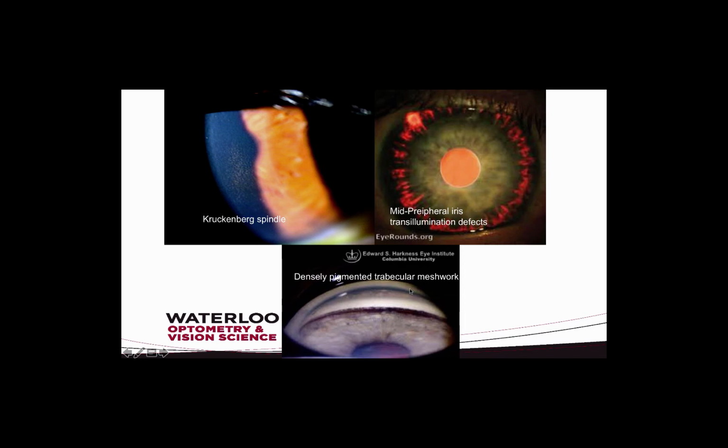Then, if you have any pigment that you see on the anterior surface, and actually we're going to be doing gonio on all patients that we are suspicious of having glaucoma, regardless of whether we see anything here. But the third finding is a densely pigmented trabecular meshwork seen on gonioscopy.